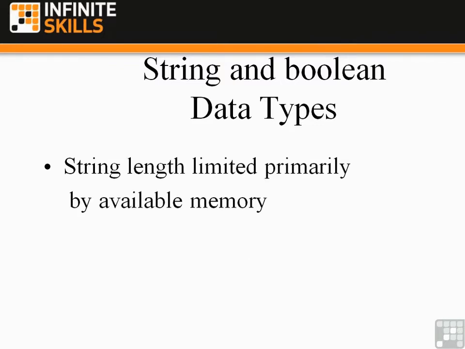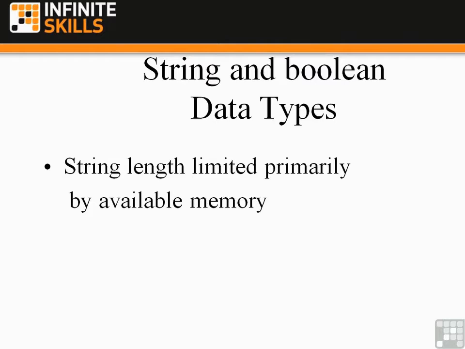Strings are limited primarily by your available memory. The practical number of characters you could store may be up to 2 billion, but nobody would create a string of that length. And in fact, nobody in their right mind would create a string that would use up all your available memory.